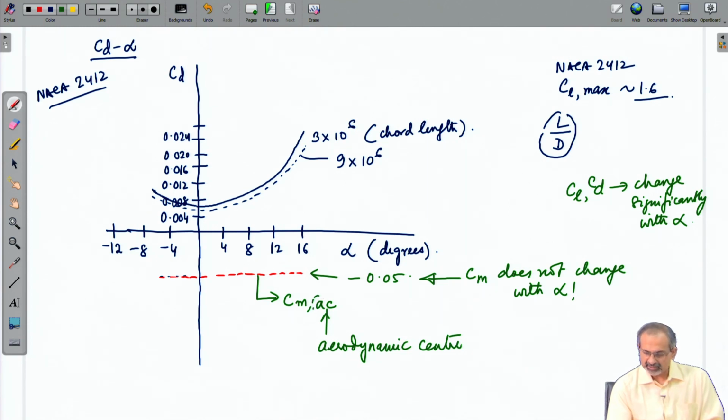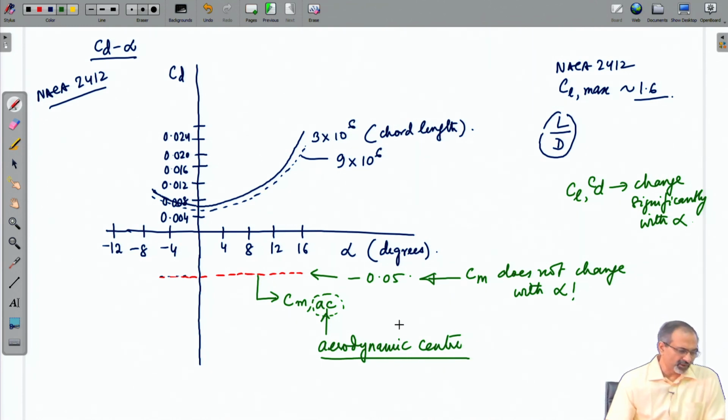But that is as long as you take it about a special point, which is called an aerodynamic center. In general, if you move to other points on the airfoil and you take moments, then the moment would be a function of alpha, but it would be constant if it is taken about the aerodynamic center.